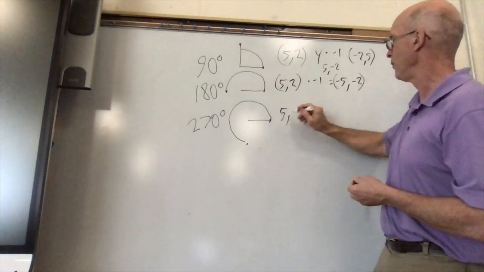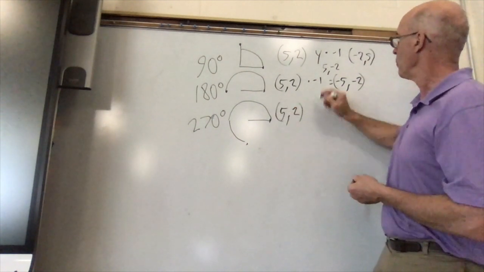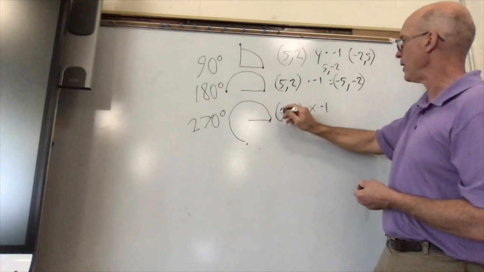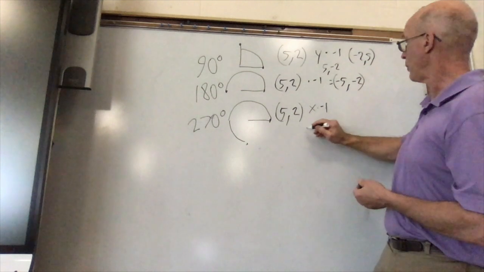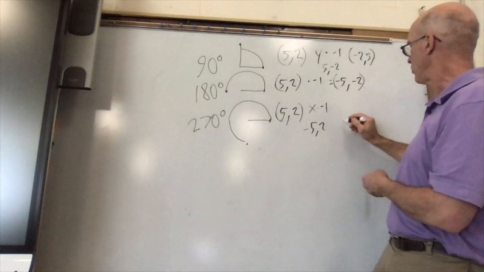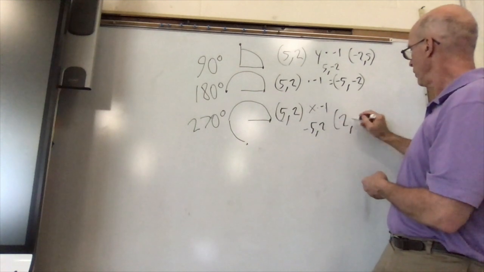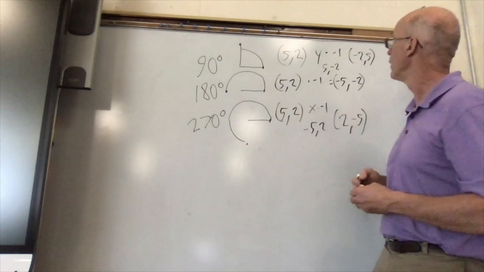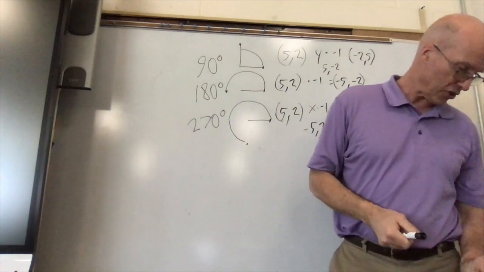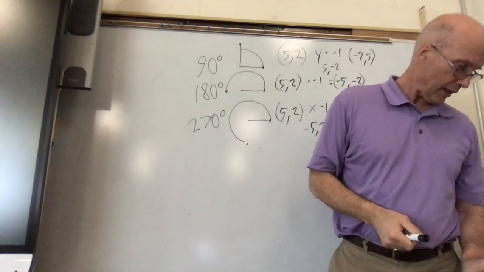So 5, 2, multiply the x by negative 1 this time. That's going to make it temporarily negative 5, 2, and then you interchange them, so you'll get 2, negative 5. Okay? So those are 3 kind of more specialized cases.